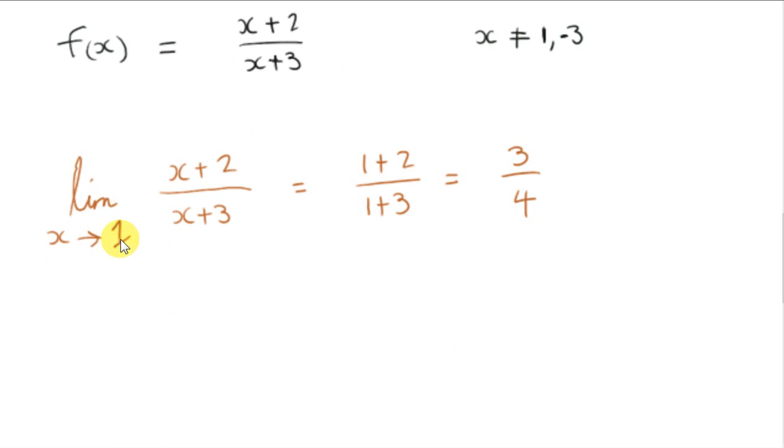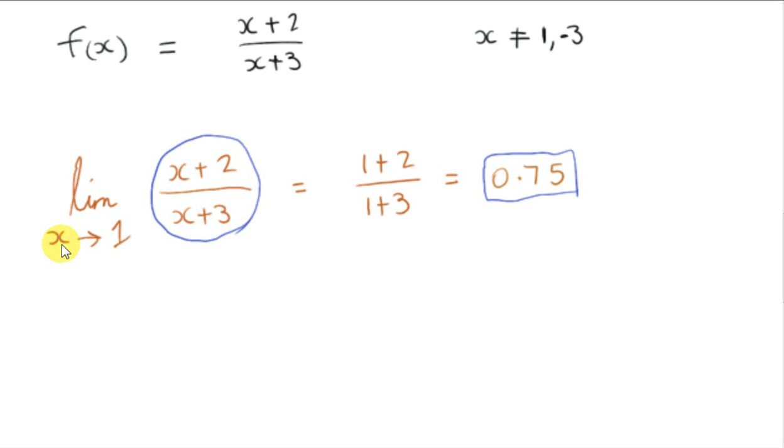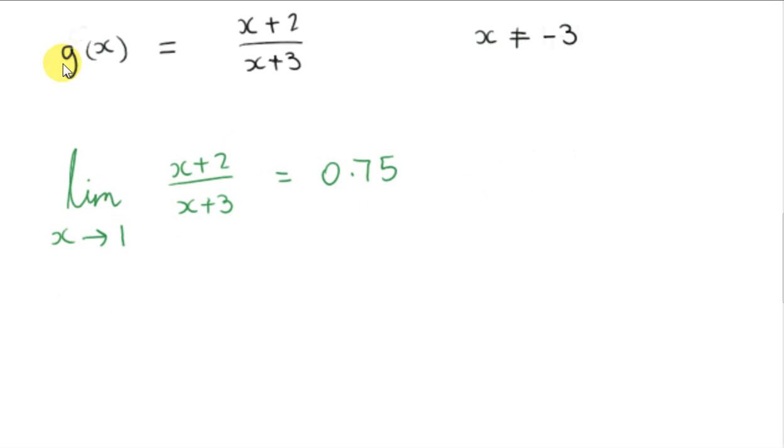But now if we take the limit as x tends towards 1, we can actually get the correct answer by just plugging 1 in for x. So again, the idea is that we can make this thing here as close as we like to 0.75 by making x sufficiently close to but not equal to 1. And x can approach 1 from both sides, either the left or the right.